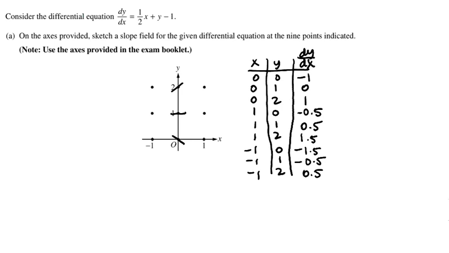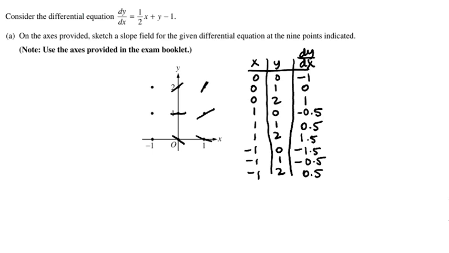So there we have it. At 1, 0, it's -0.5. So I need to be aiming like that. Except we don't have room to put all of those, so I'm going to put it like that. At 1, 1, it's +0.5, so it's decently shallow. And then at 1, 2, it's 1.5. So I'm kind of aiming for that point right there.